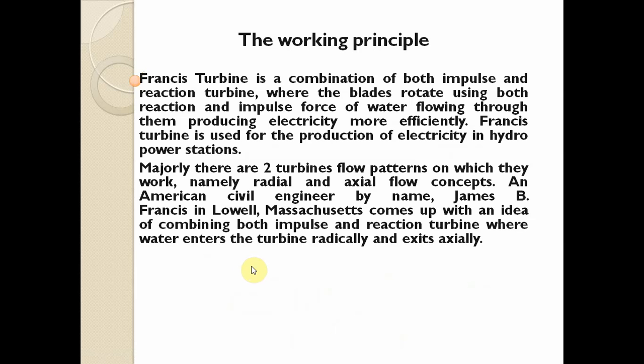The working principle: the Francis turbine is a combination of both impulse and reaction turbine, where the blades rotate using both reaction and impulse force of water flowing through them, producing electricity more efficiently.